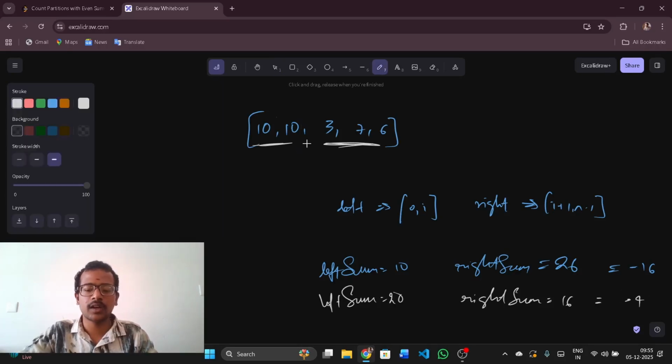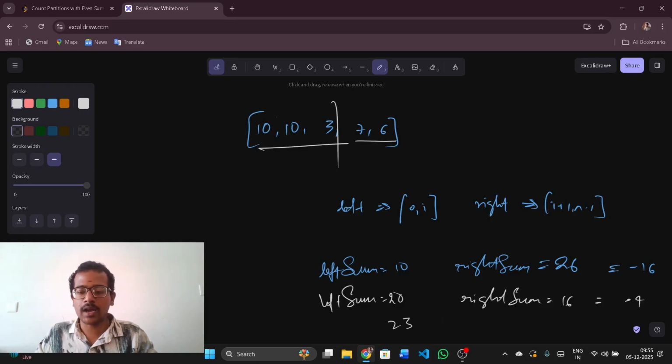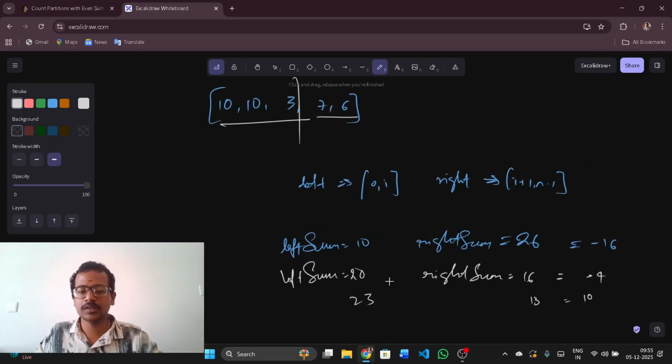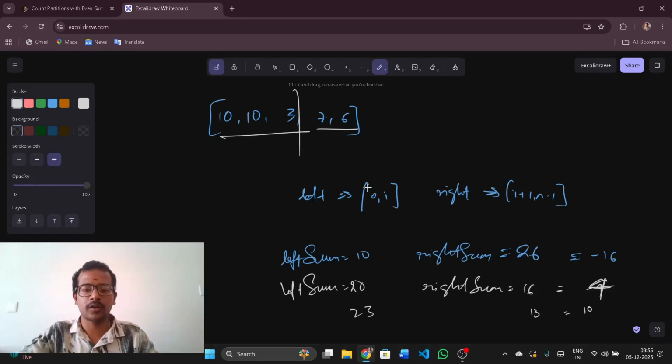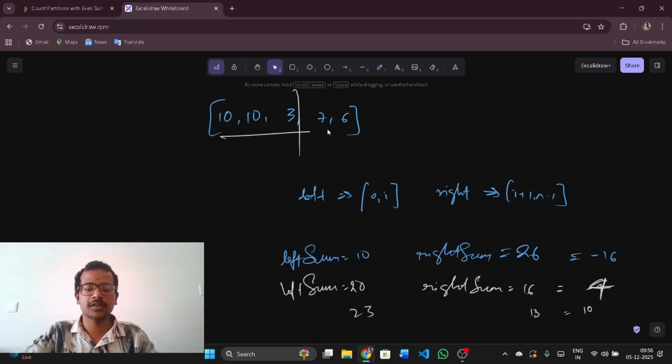Now let's go to the next index, i is equal to 2. So here 23 and here 13. If you see, the difference is 10, which is even. Now let's go to the next index.